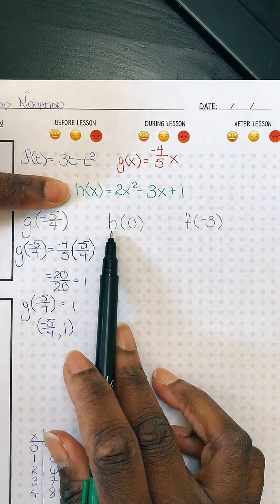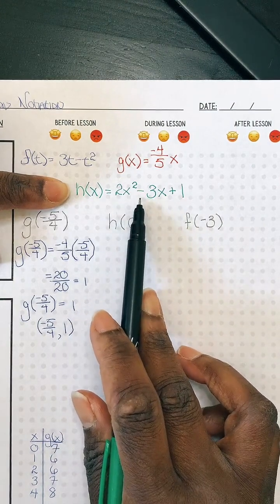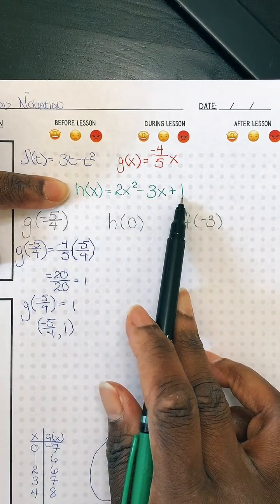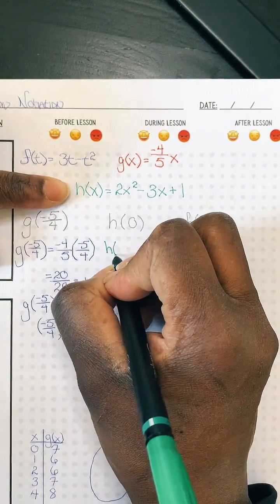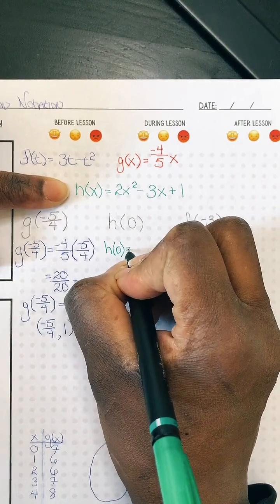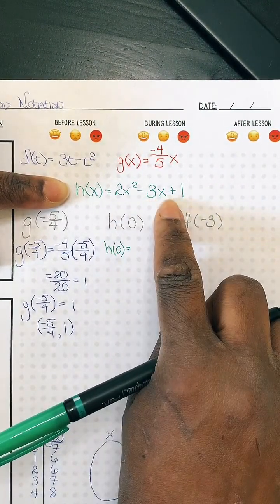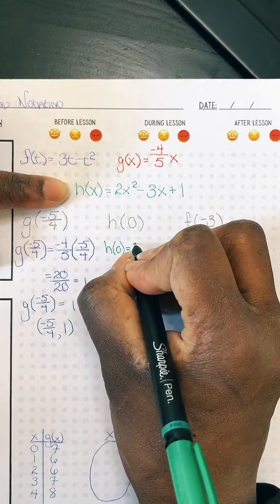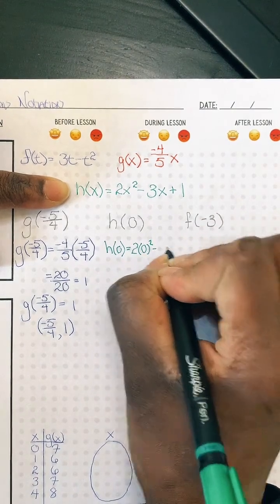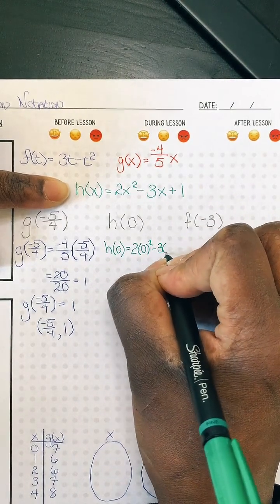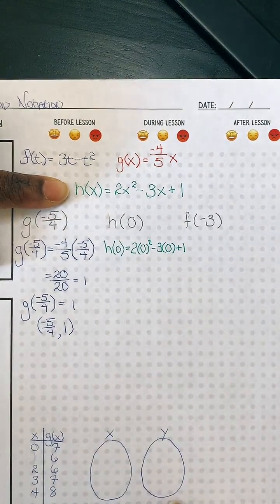The h function is this one up here, which is 2x squared minus 3x plus 1. So I'm looking for h of 0, and I'm going to plug in zeros wherever I see an x. So I have 2 times 0 squared minus 3 times 0 plus 1.